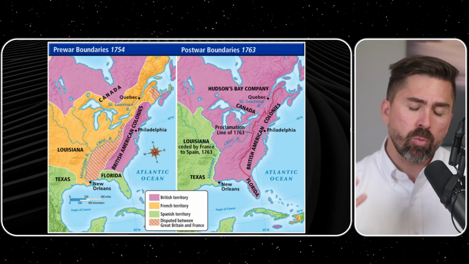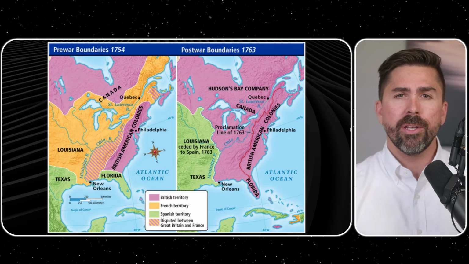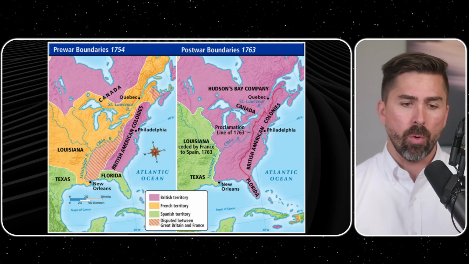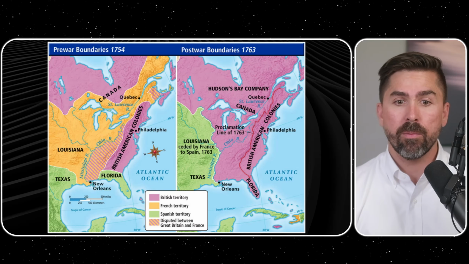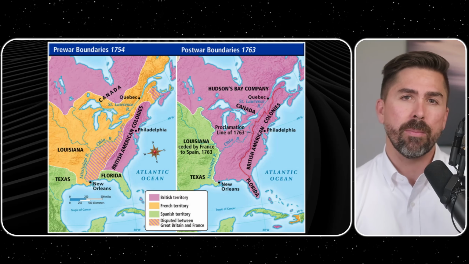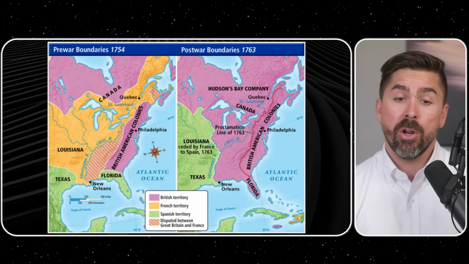And it was really a battle over who would control North America, which European power would lay claim to all of this territory. And as you can see from the map, it's very clear who the winner was. If you look at those 1763 boundaries, the French are nowhere to be seen, really.